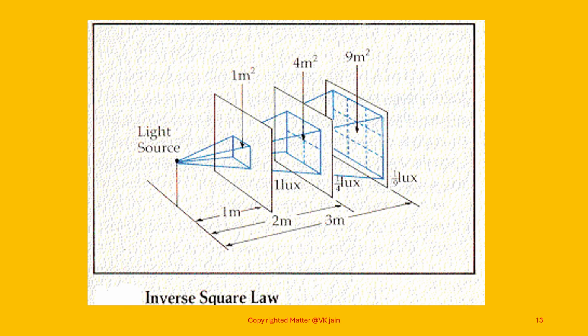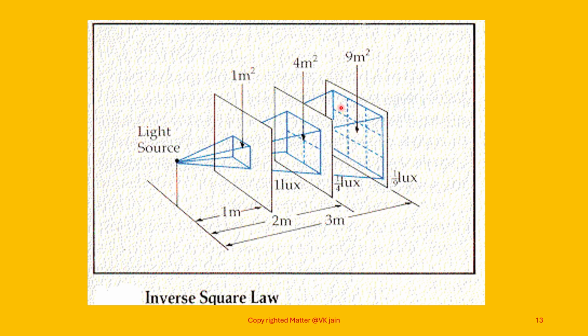So this is the area at different angles, and this area and this area and the other area, they are at distances of 1 meter, 2 meters and 3 meters, and the intensity is 1 lux, 1 quarter lux and 1 ninth lux.